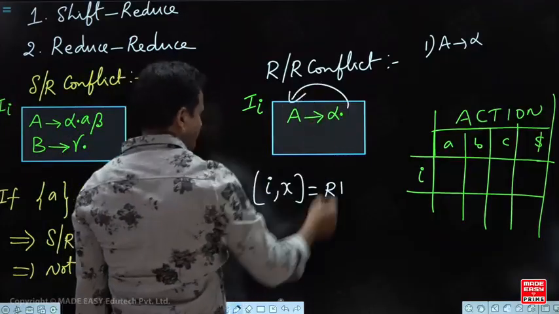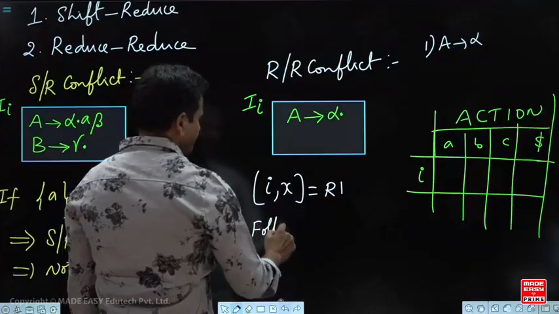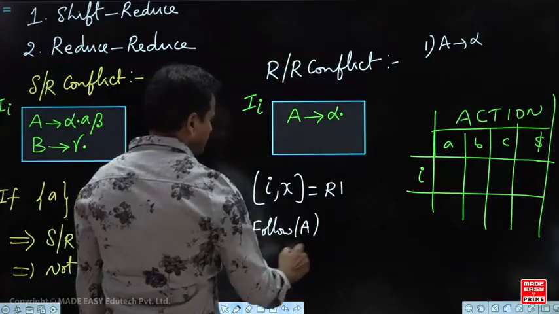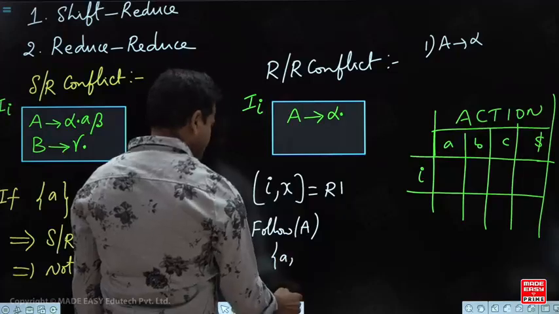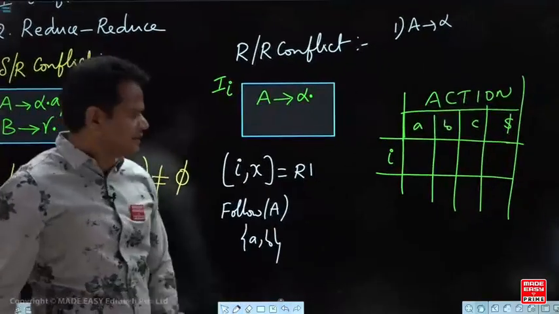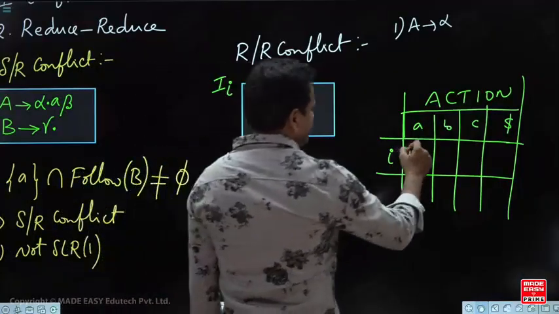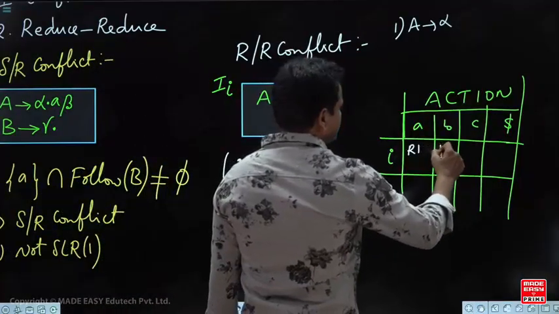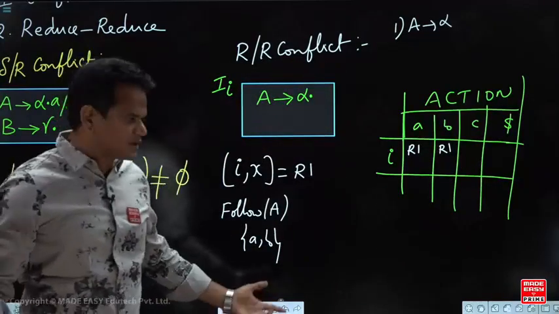X is follow of A. So take the follow of A. Suppose follow of A is A, okay, let it be A, B. Are you following? Then ith row, xth column. What is x? A, B. Ith row, A column, ith row, B column, we write the reduce 1. Simple. You know this very well.